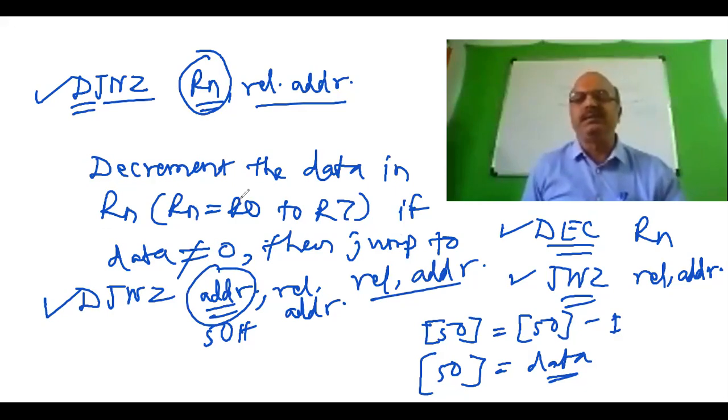Okay, so where you are specifying that data, you can specify the data either in the bank registers R0 to R7, or in any of the RAM addresses. Normally we use the user RAM, that is from the addresses 30H to 7FH. Correct, because below 30H, that is 00 to 2F, they are reserved addresses.